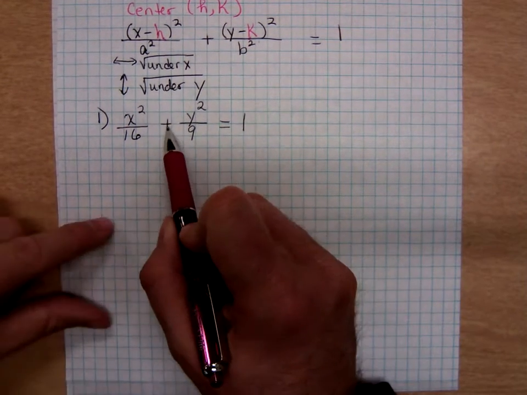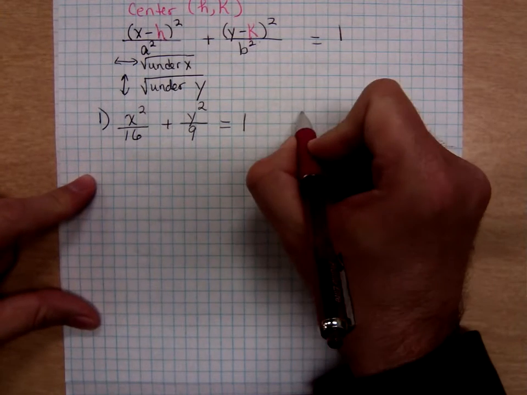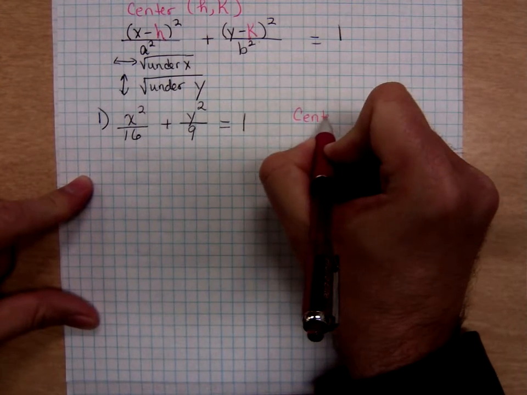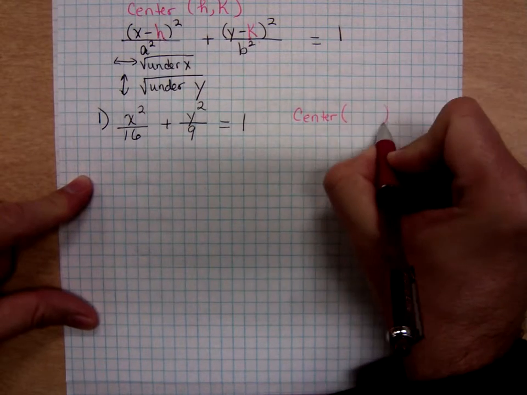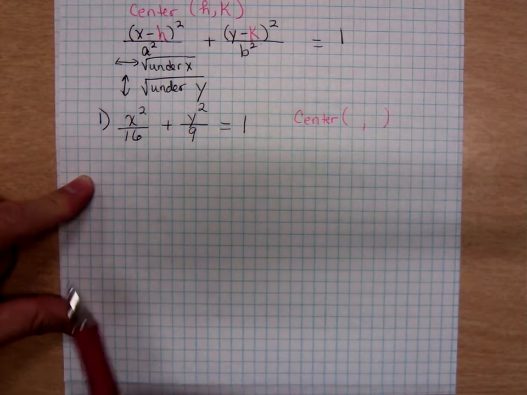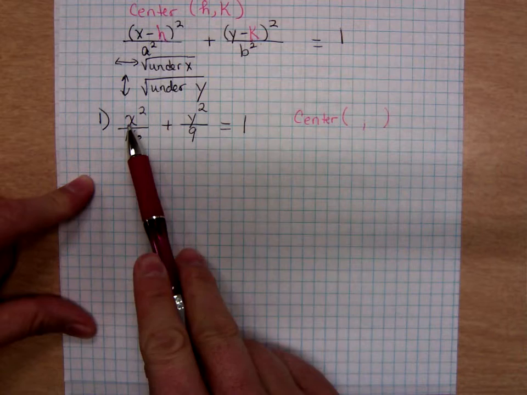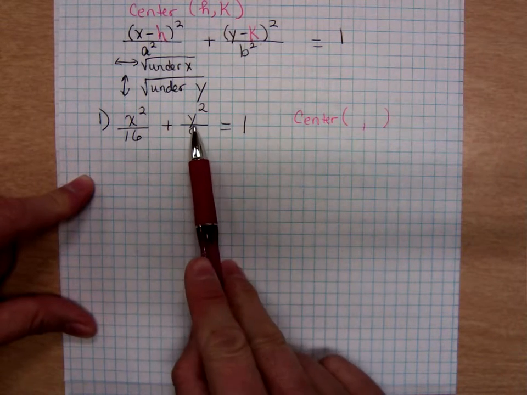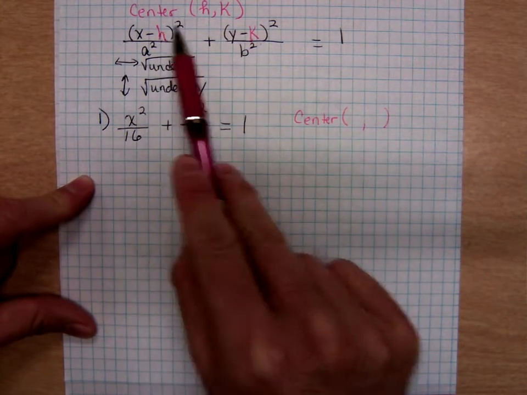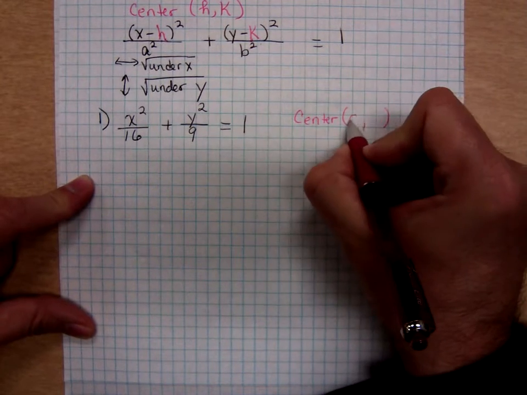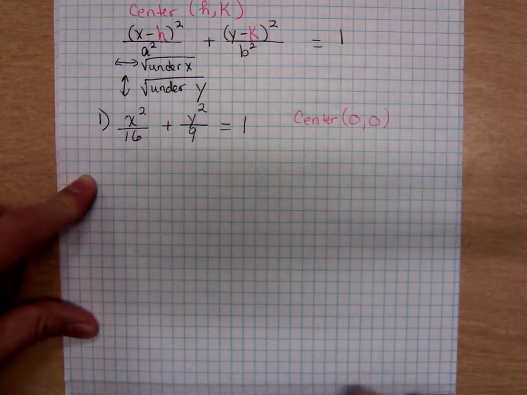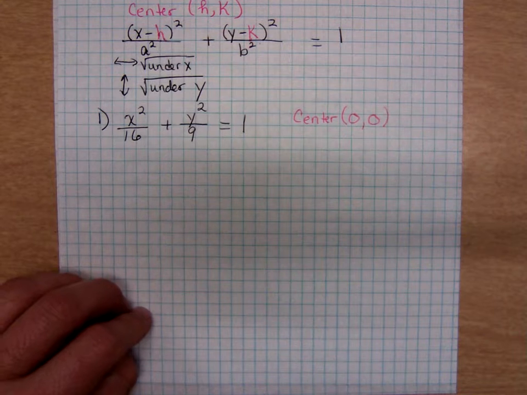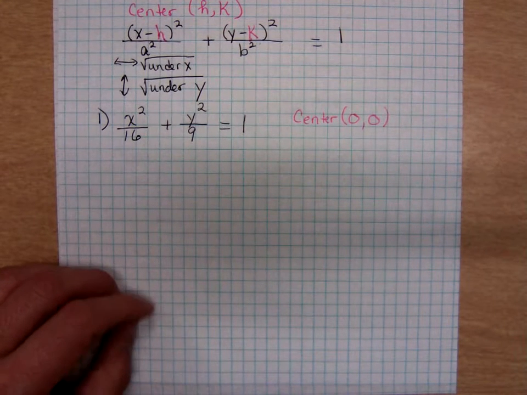We're going to start off by stating the center, and I'll just do that right here. This is like that first one we did with circles the other day. There's no parentheses here, so we're going to think of this as x minus 0 and y minus 0. The center is just 0, 0. The next one we'll have some parentheses up on top.